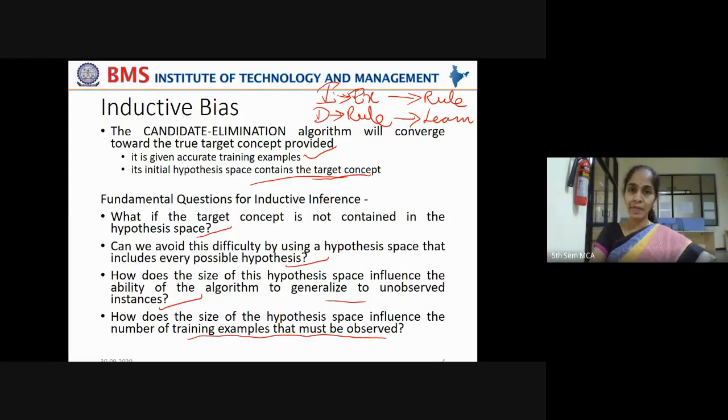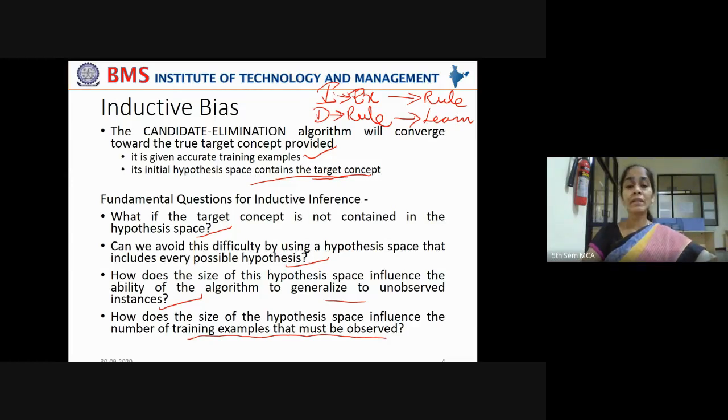If fewer training examples are given, more hypotheses will be present because the learner can't learn from so few training examples. So it can't eliminate the hypotheses that don't apply. Its knowledge is very little. When the knowledge is very little, how can it eliminate the hypotheses that are not applicable or consistent with the training examples?